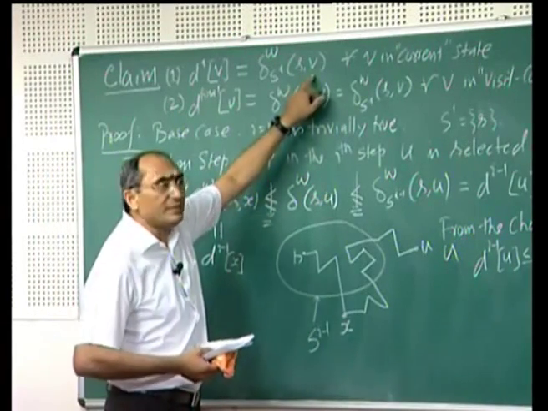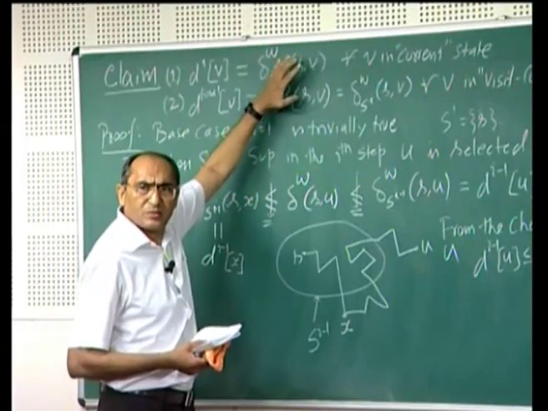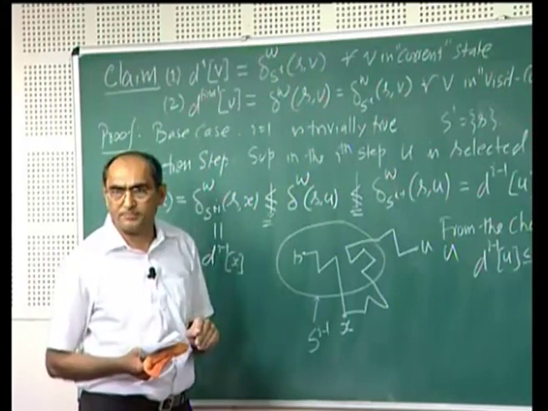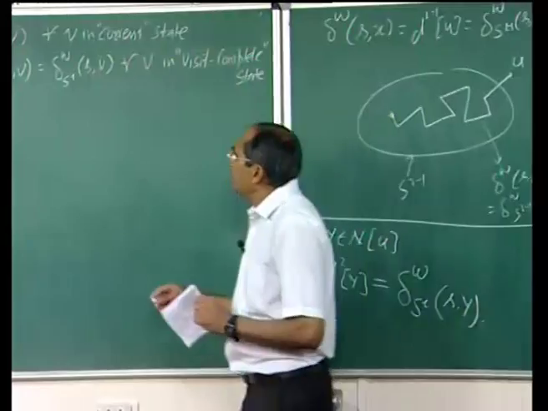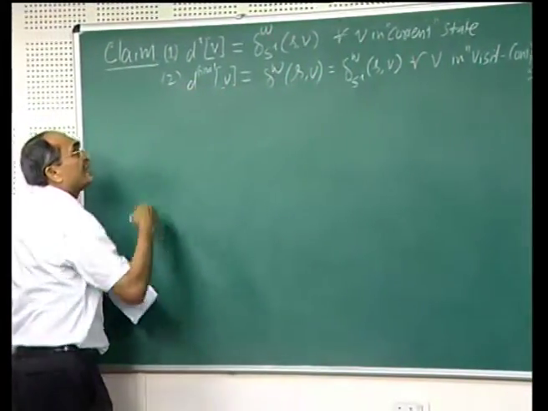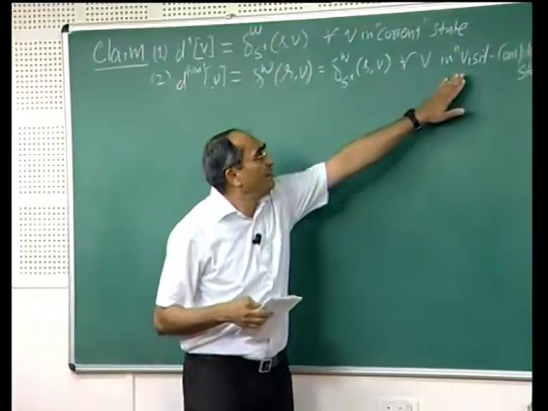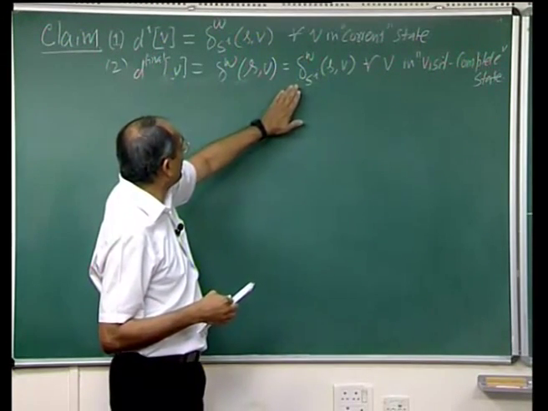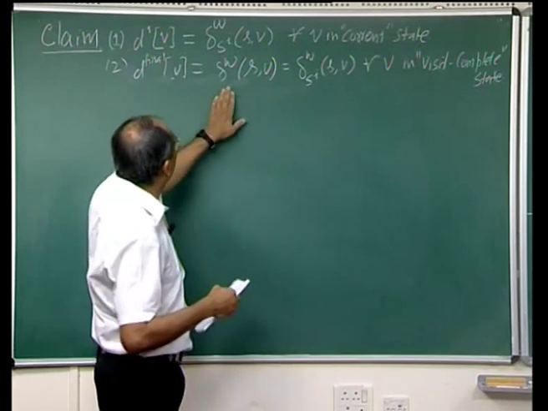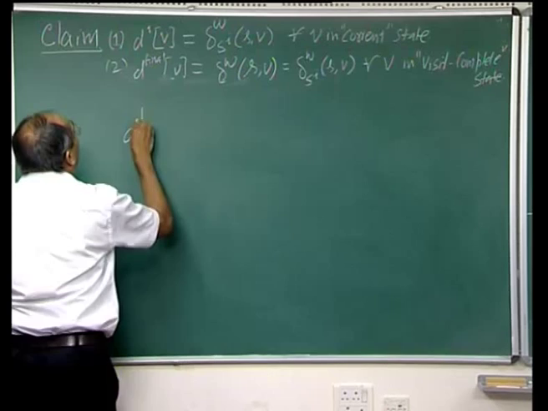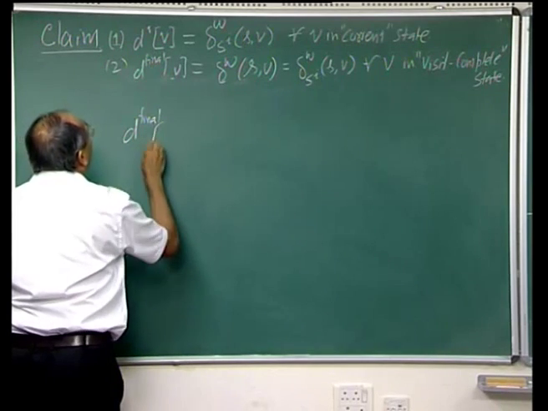Now that we have proven that both statements hold for the ith iteration, the induction argument is complete. What we showed is that for every visited, completed vertex, the d value is its optimum value, that is d_final for every vertex.